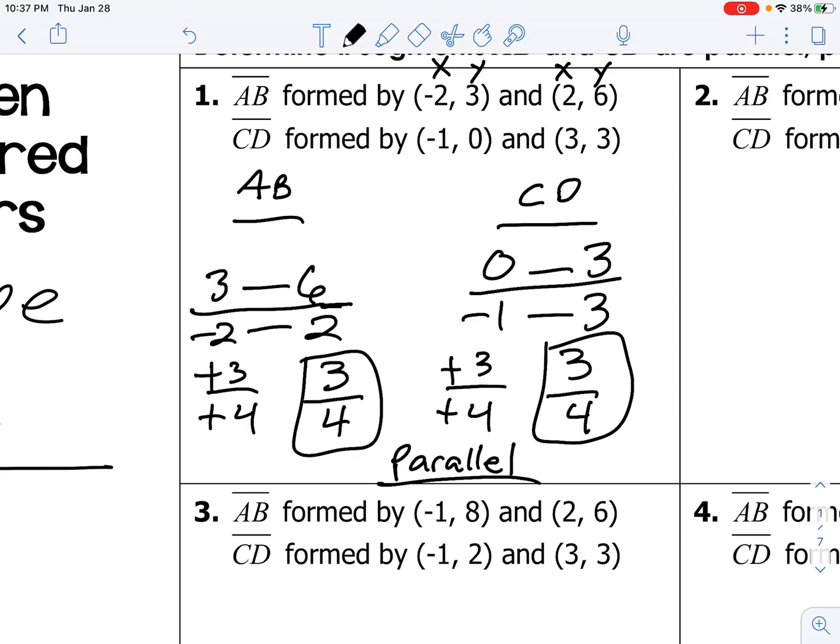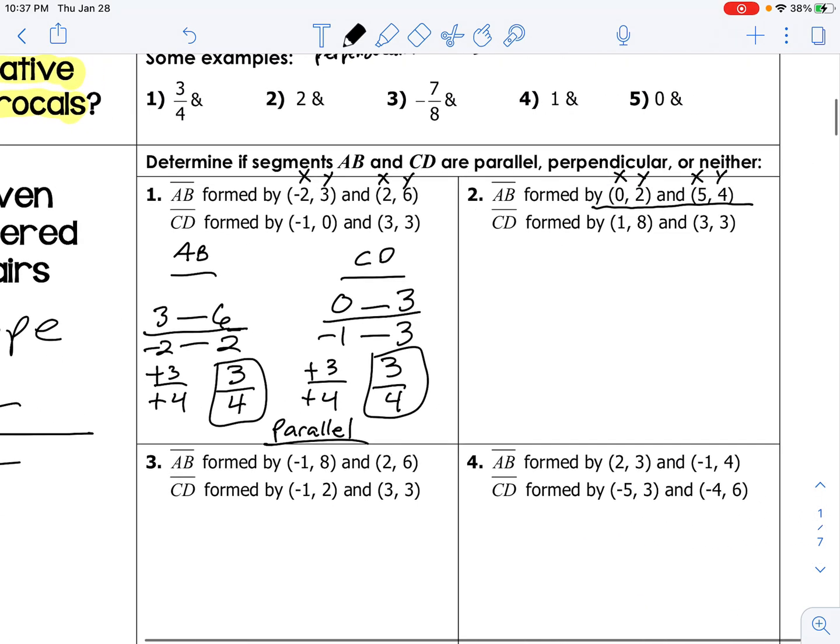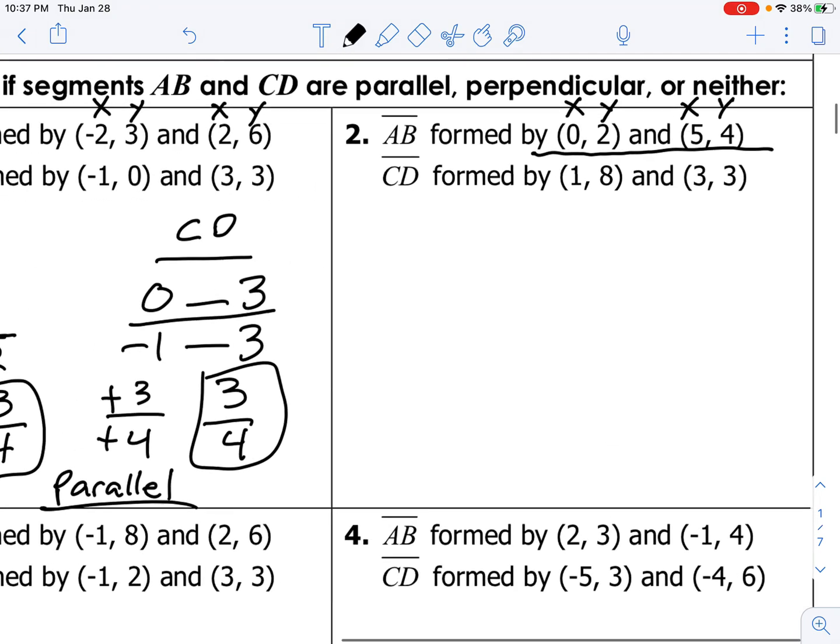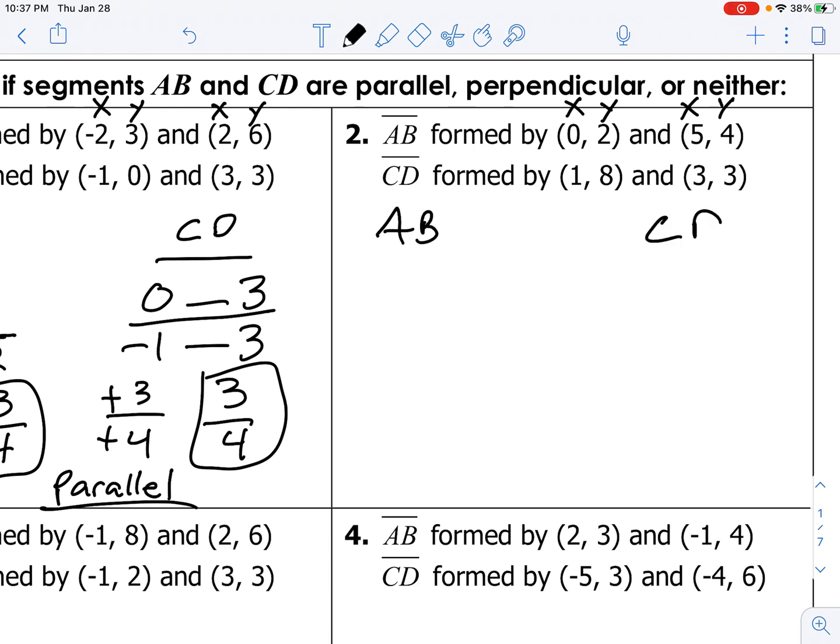All right, number 2. And all of these work the exact same. All right. So on this one right here, AB and CD. And again, we need both slope setups. All right, so AB first, the top 2 ordered pairs.